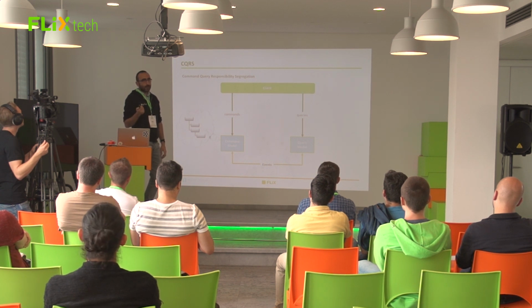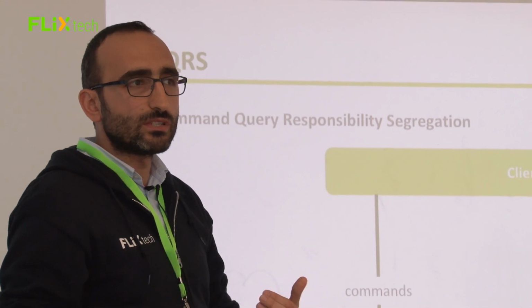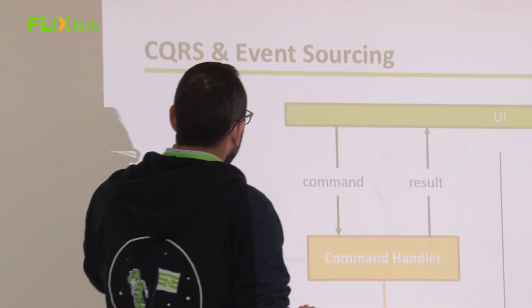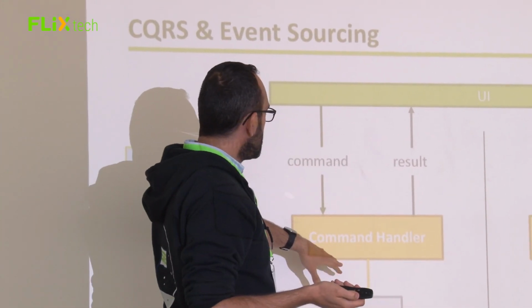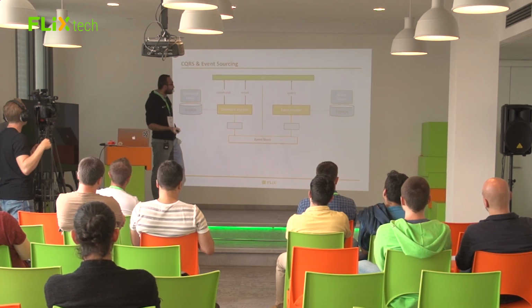So let's see what a CQRS application with event sourcing can look like. In CQRS applications, we will have a command handler to handle the commands, and another for handling the queries, which we call the event handler.